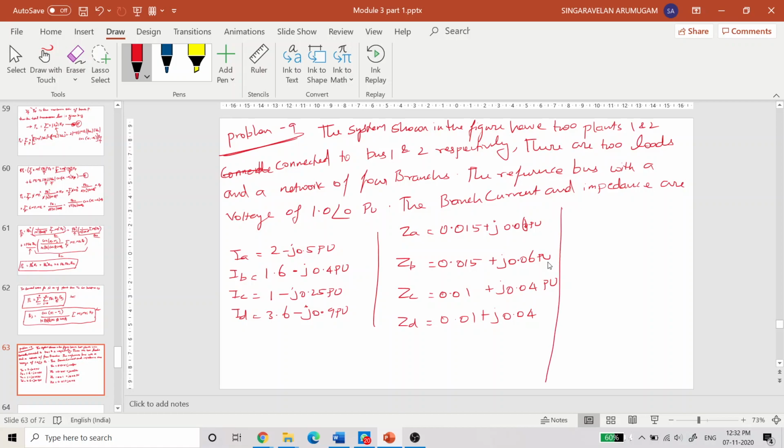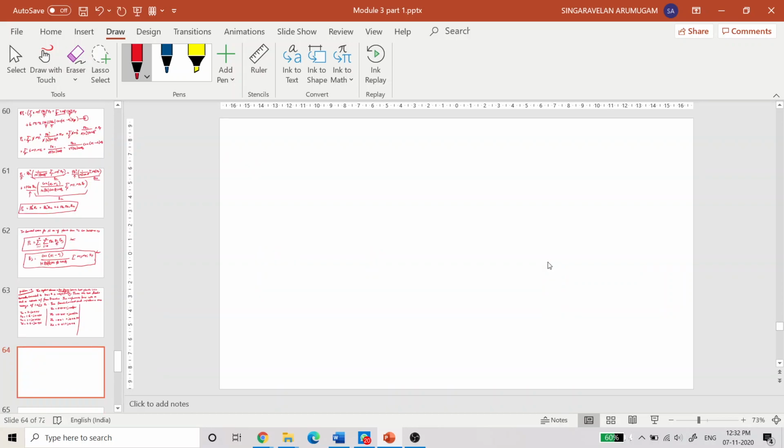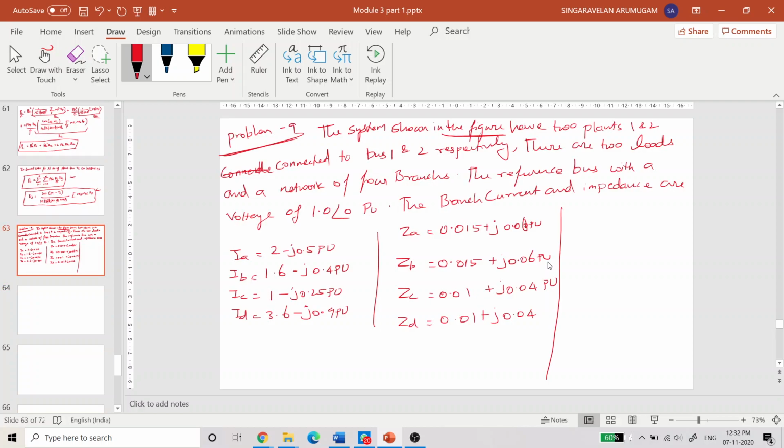So the diagram is given like this, because we need to find out the figure. I will draw the figure on the second page, or I will try to draw it here only. There are two buses, bus 1 and bus 2, and there is a bus here and a bus here.